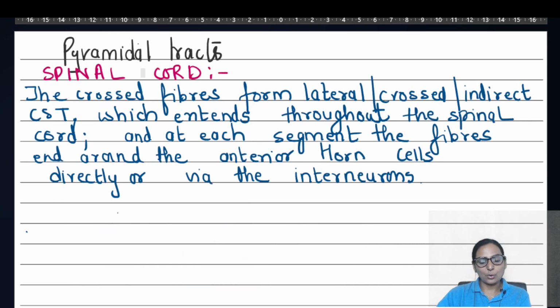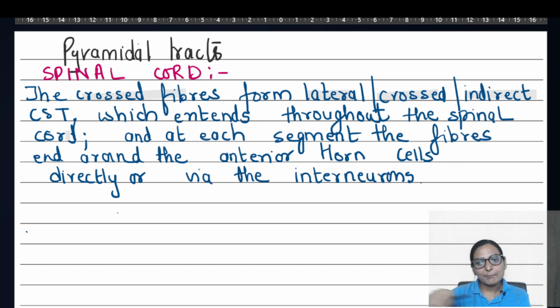Now in the spinal cord, we have seen the internal capsule, midbrain, pons, medulla, and now the spinal cord. In the spinal cord, the crossed fibers form the lateral corticospinal tract, which is also called the crossed tract, also called the indirect tract. It extends entirely down through the spinal cord, till the end of the spinal cord.